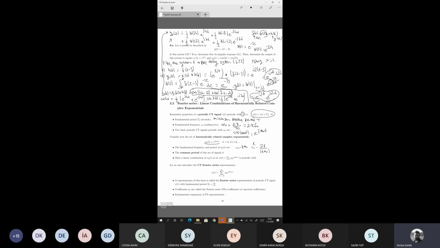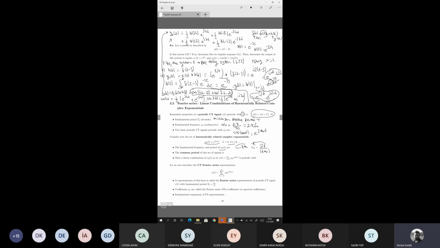Remember, period is positive, non-negative and non-zero, so I put the absolute value of k omega 0 here because k can be plus or minus. So for phi k(t), this is its fundamental frequency, and this is its fundamental period.